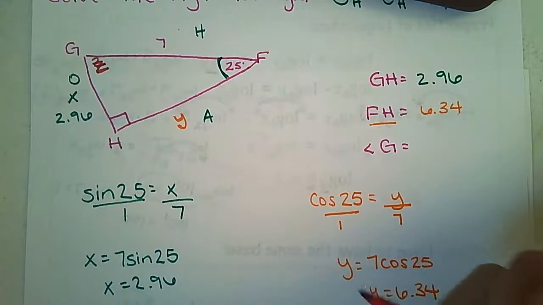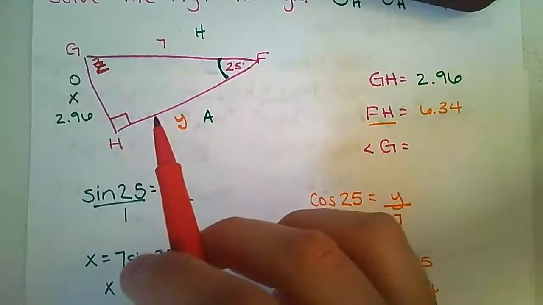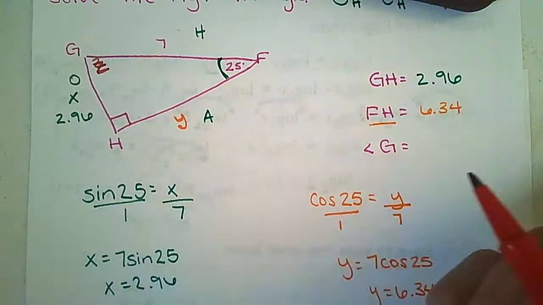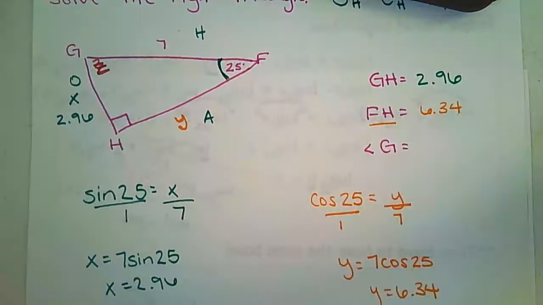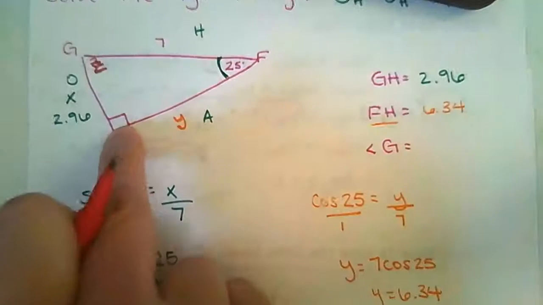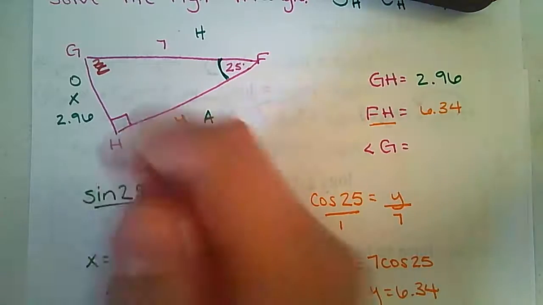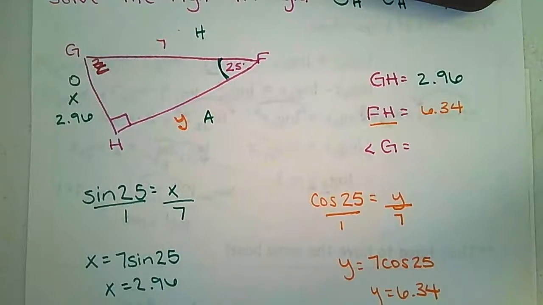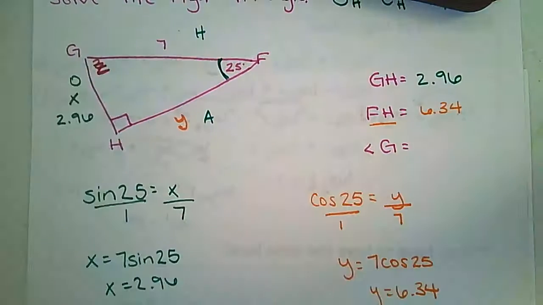And I know that all of the angles in a triangle, any triangle, doesn't matter what, add up to 180. So I know this angle, which is 25 degrees, plus this angle, which even though it's not written, I know is 90 degrees. That's what that symbol means. Plus this angle right here, which I'm calling Z, has to all add up to 180 degrees.